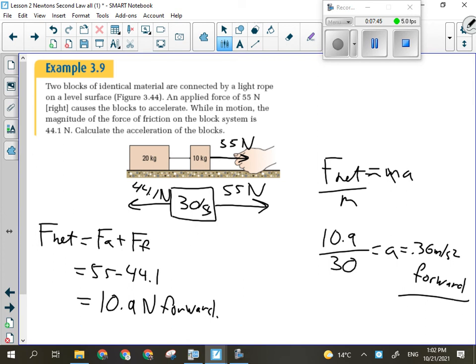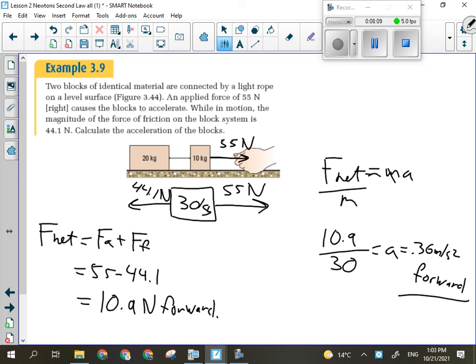Questions on how that one worked? We didn't do any more work on that question than any of the other ones we've done. Now, I'm not saying that's where it stops. A question could now say, what's the tension in this rope? If that's the case, now I break the system up into pieces.